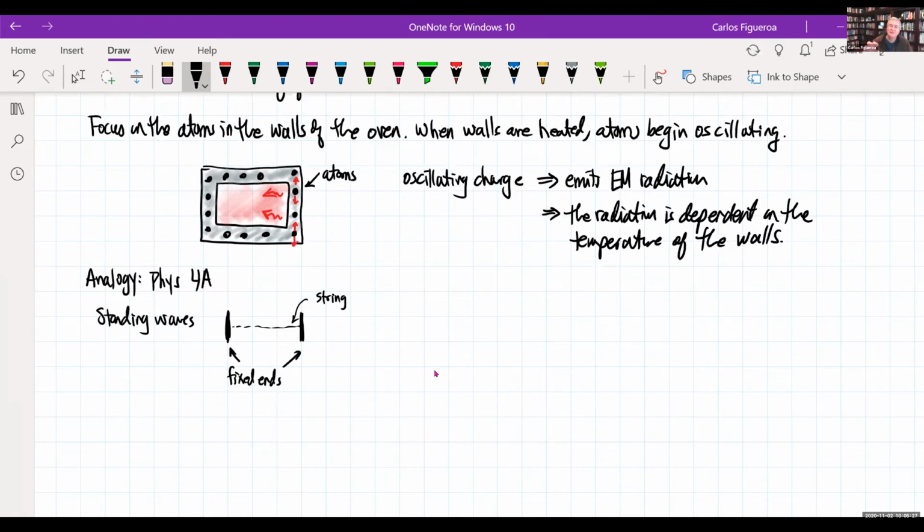So what happens? If you oscillate this thing just right, you're going to get a standing wave problem, where the wave will oscillate back and forth between these two fixed points. And so if I do this again, as I increase the frequency of this thing, I shorten the waves.